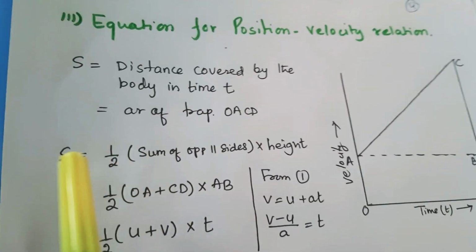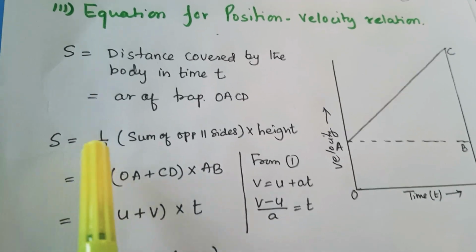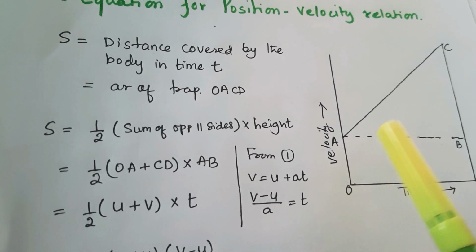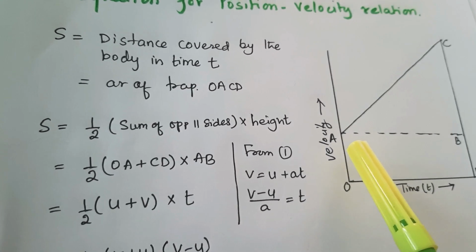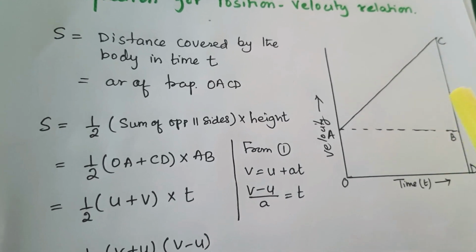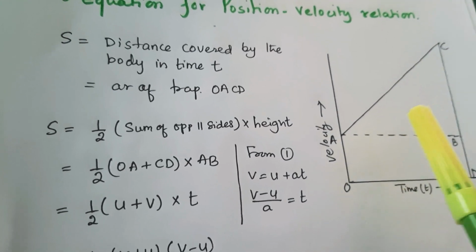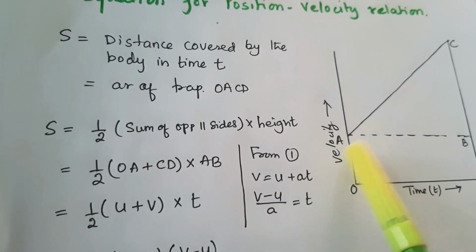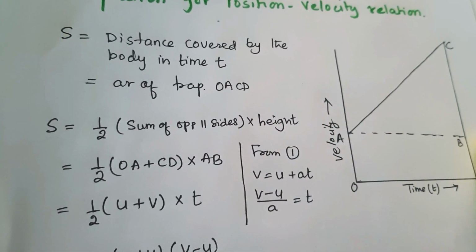Now look, S equals, what is the area of trapezium? The area of a trapezium is half the sum of the two parallel sides into height.